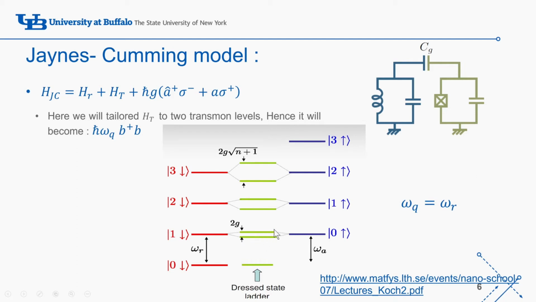But if we couple these two together, then this level becomes non-degenerate. And if we let it evolve over a period of time, suppose that initially our Transmon was in the excited state and there were no photons in the cavity, then over time this model predicts that we'll see oscillations between these two levels.